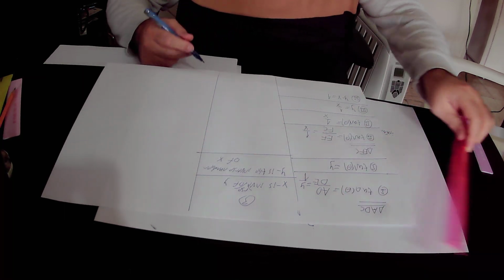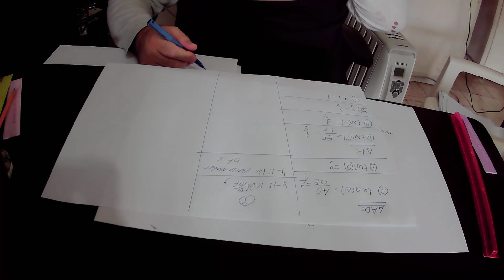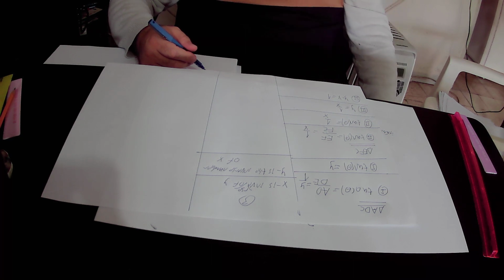For example, 5 times 1 over 5 is equal to 1. Therefore 5 is the inverse number of 1 over 5, and 1 over 5 is the inverse number of 5. And we also have a rule that relates to inverse numbers.